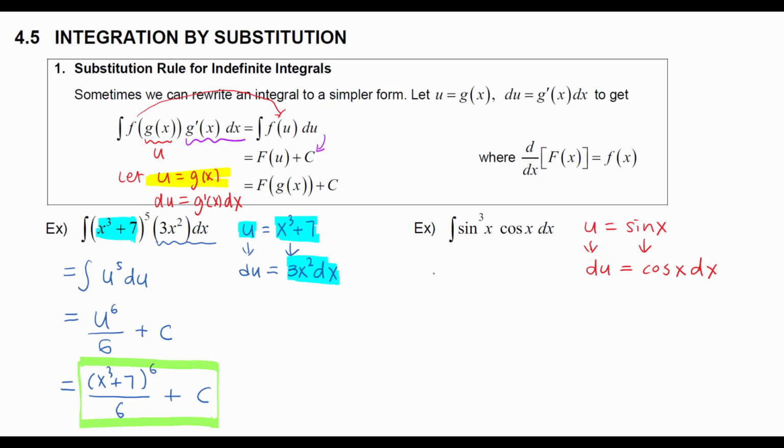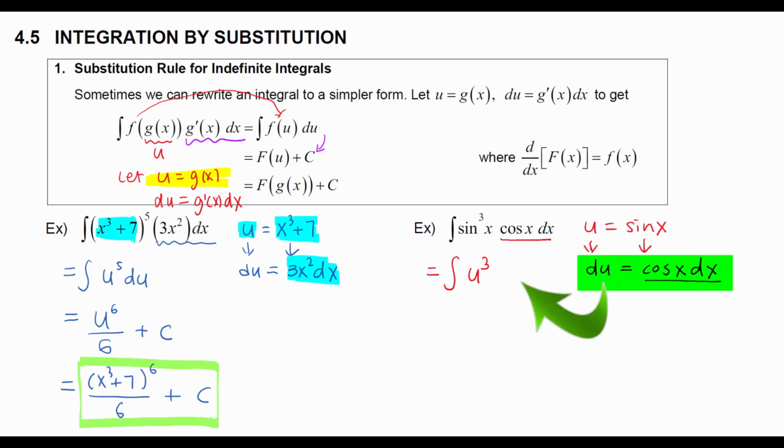So now we're going to substitute. This becomes the integral of, remember your u is sine x, so you would have a u cubed now, and cosine x dx is your du. Wow. So easy integration again, right? Like a miracle.